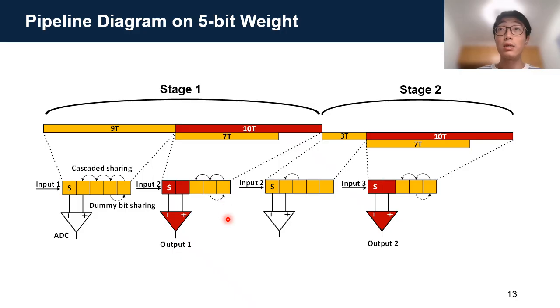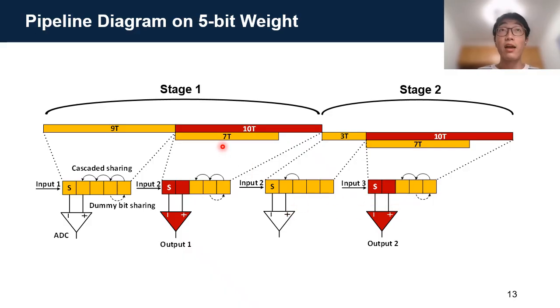After the ADC finishes and outputs the final result of the first input, the intermediate result of the second input is ready. So it only takes 3 clock periods for reset and sharing, and then the ADC starts working again.